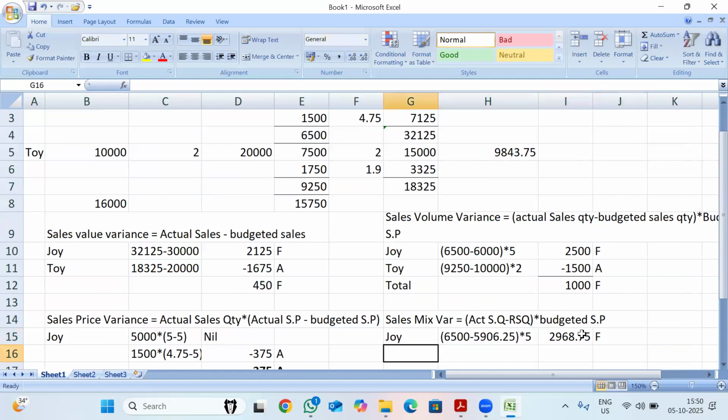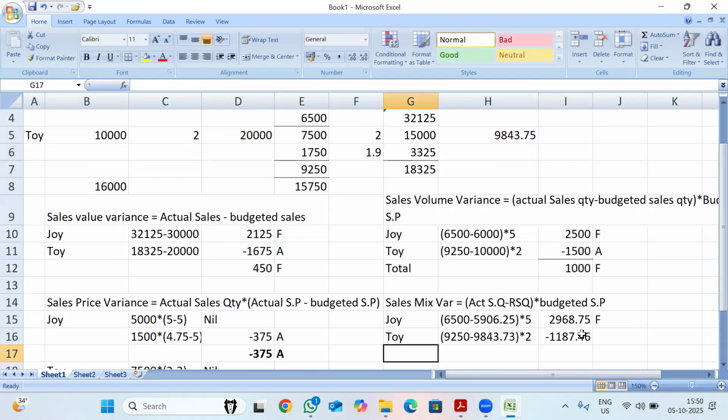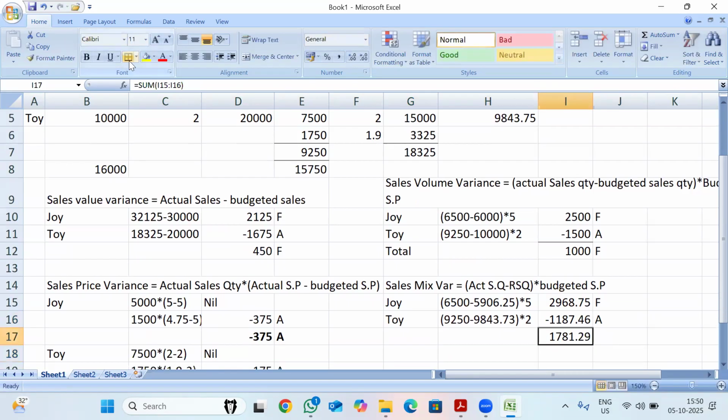And for Toy, my actual is 9250. My revised is 9843.75 into budgeted selling price, that is 2 rupees. So I will be getting a negative variance of 1187, that is an adverse. So my total variance is 1781.25, which is in favor.